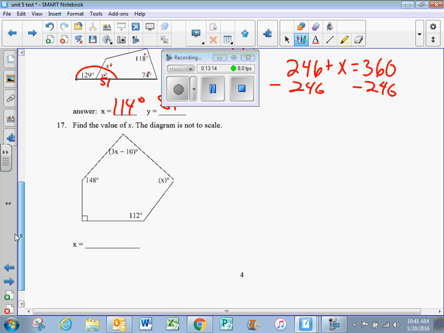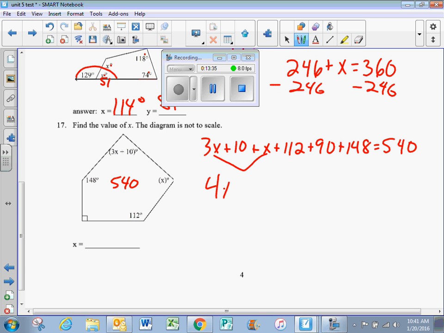Okay. Same dealio here, except what's the sum of a pentagon? The sum of the angles is 540. So I know that 3x plus 10 plus x plus 112 plus 90 plus 148 equals 540. Simplify. 3x and x is 4x. 10 plus 112 is 122.